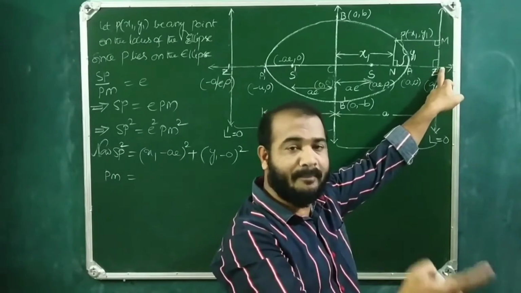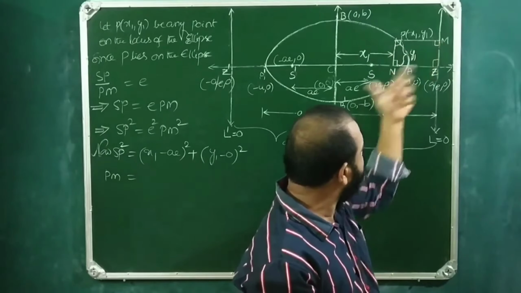Therefore, this is 90, this is 90 and this is 90. This is obviously 90. Therefore, this is a rectangle, and in a rectangle opposite sides are equal. So PM is nothing but NZ.